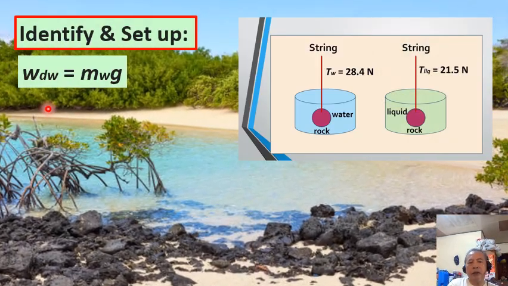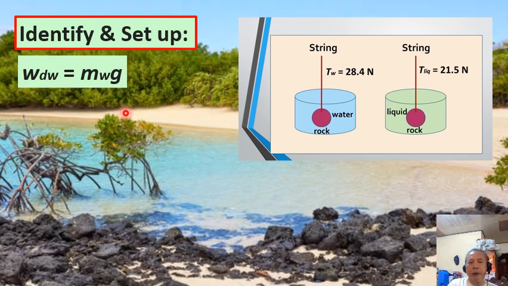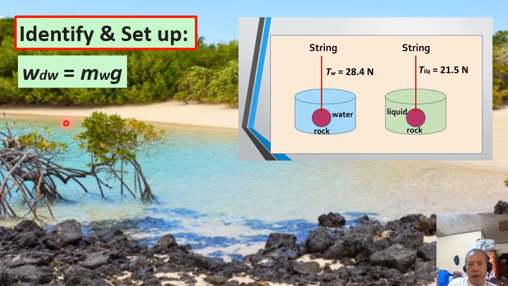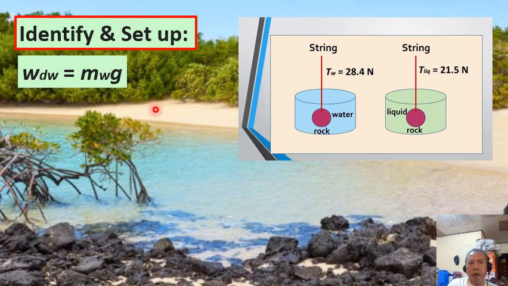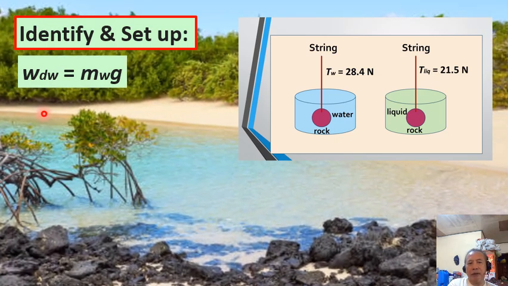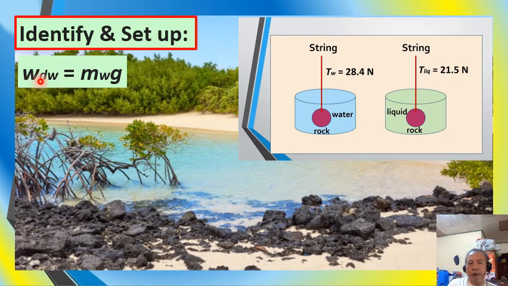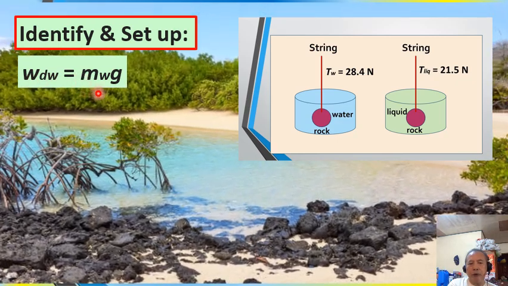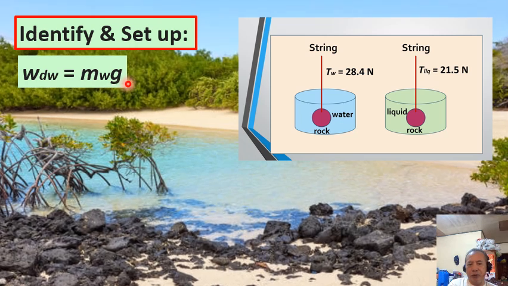Earlier, we said that the buoyant force exerted by water on the rock is also equal to the weight of the water displaced. So the weight of the water displaced, of course, is equal to the mass of the water displaced times acceleration due to gravity.